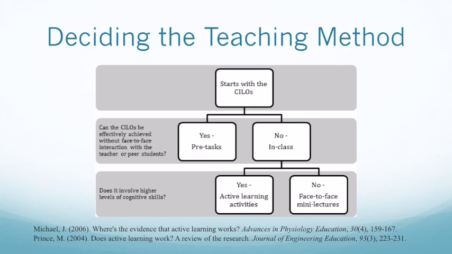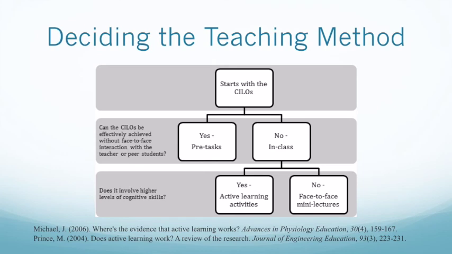So here is a decision tree to help you design what teaching method to use. We start with the learning outcomes at the top. We ask if this learning outcome can be effectively achieved without face-to-face interaction with the teacher or peer students.